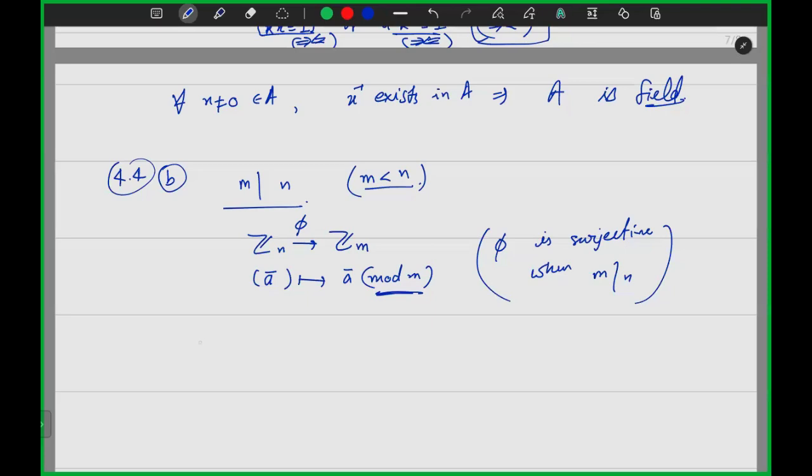units. So we get a map after restriction, and that map is also well defined. Unit goes to unit. This is a ring homomorphism.